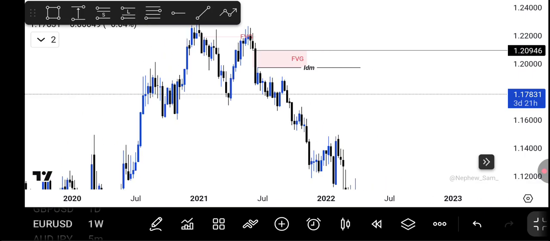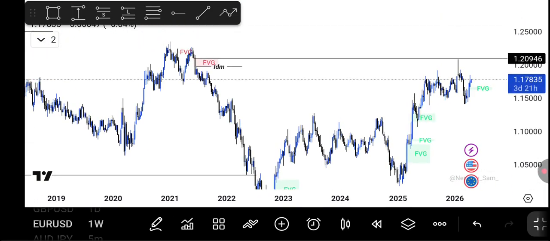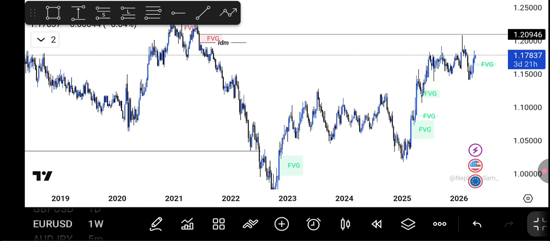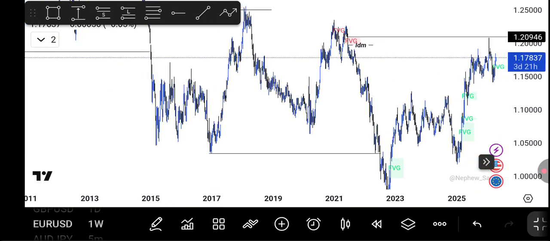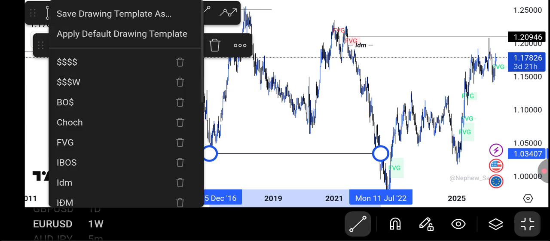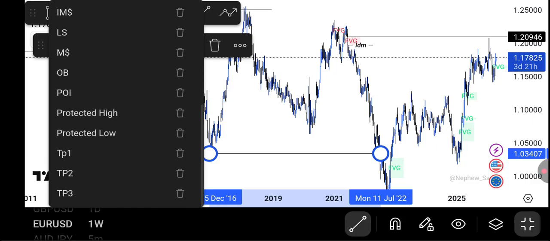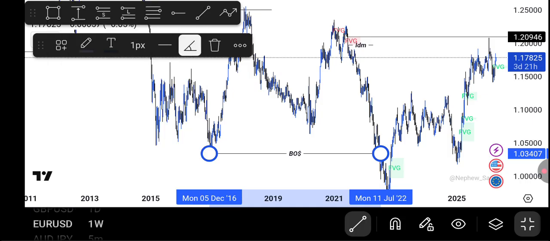Don't forget that we are doing top-down analysis. This is the weekly time frame. What can we see on the weekly time frame? The weekly time frame is telling us that EURUSD is in a downtrend.